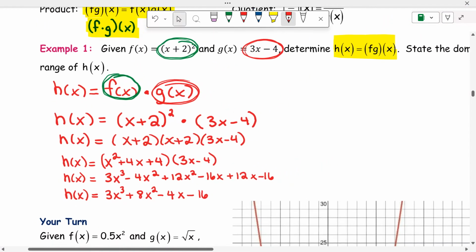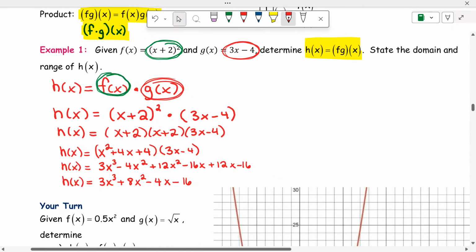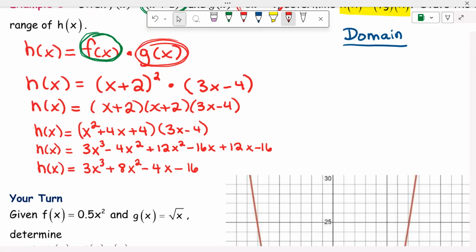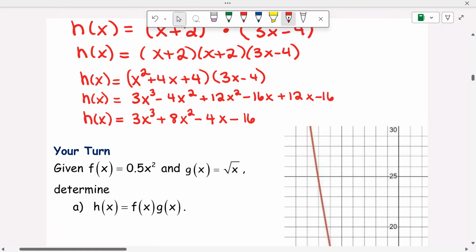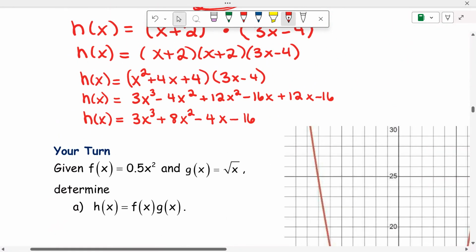All right. And then the last thing it asked for was to state the domain and range of h of x. So my domain, did we get a function that we're used to, guys? Are we used to that type of function? What is that? That is a cubic. Okay. So if you don't remember what a cubic looks like, then you would put it on your calculator to figure out what your domain and range are. But I'm hoping you guys know from the polynomials unit. Do you guys remember that a cubic ends in both directions?